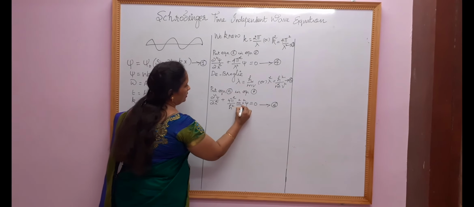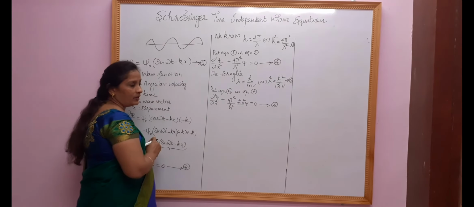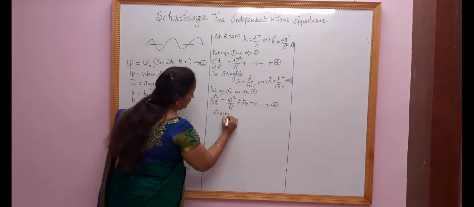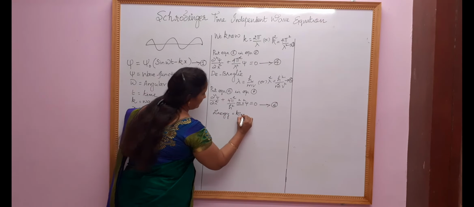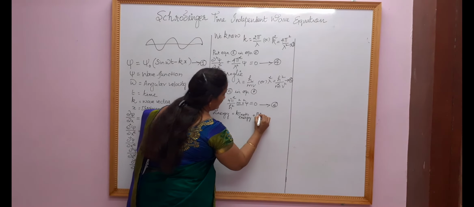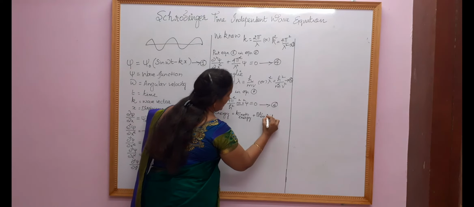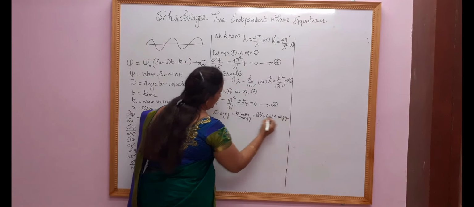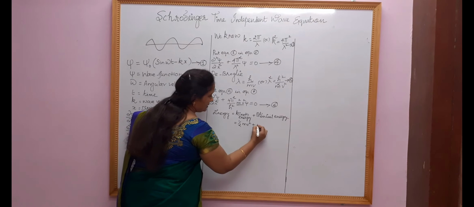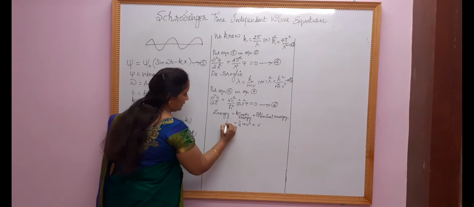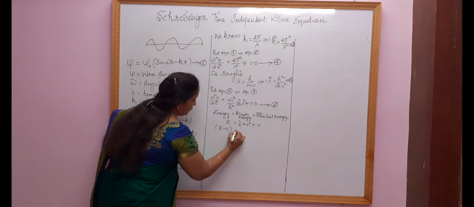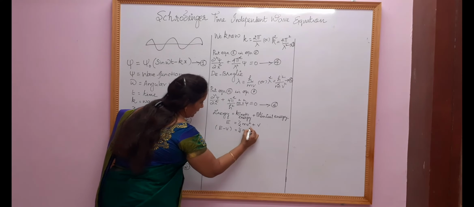Now we have to replace this term m square v square. We know energy is equal to kinetic energy plus potential energy. Kinetic energy is given by half mv square and potential energy is equal to V. Energy is equal to E. So bringing V here, E minus V is equal to half mv square.